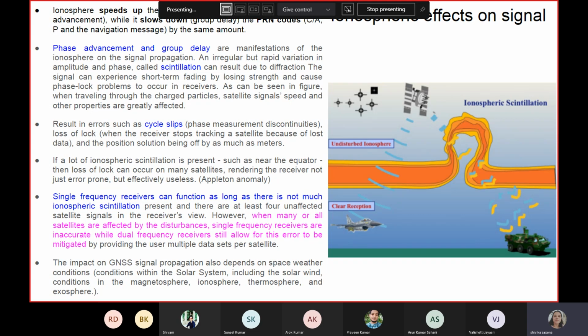If solar flares are happening, or some irregularities in the magnetosphere, thermosphere, exosphere, or some solar wind is happening, all these things are manifestations of space weather. So any disturbance in space weather will also affect GNSS signal propagation.